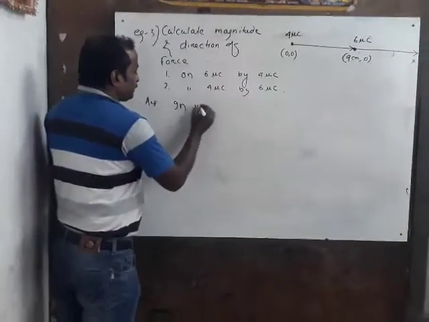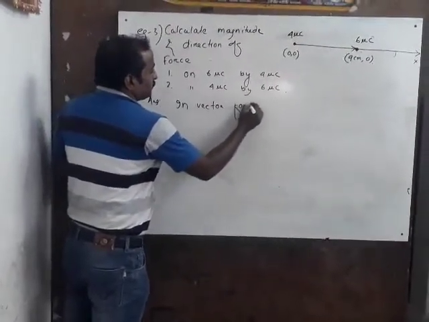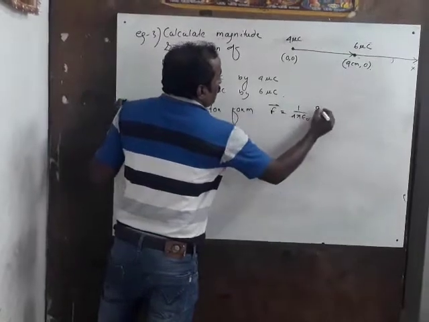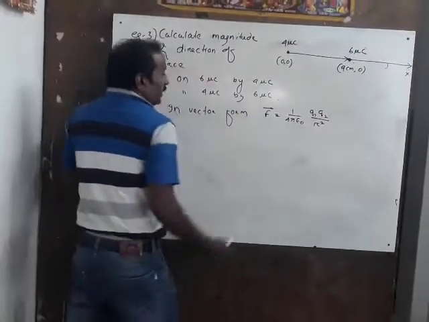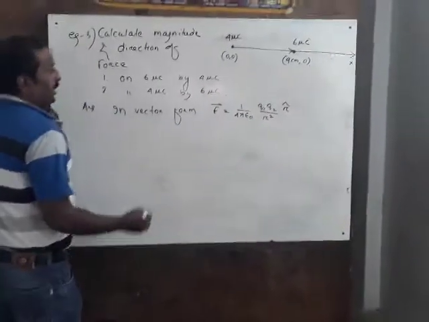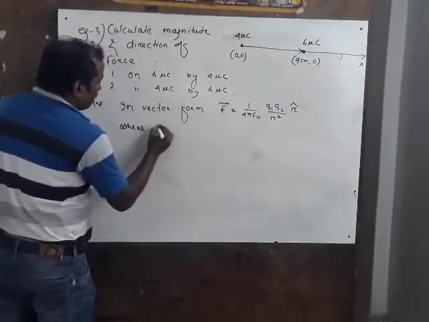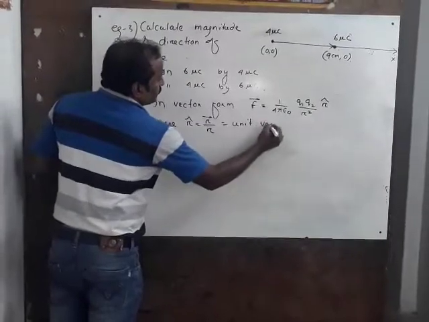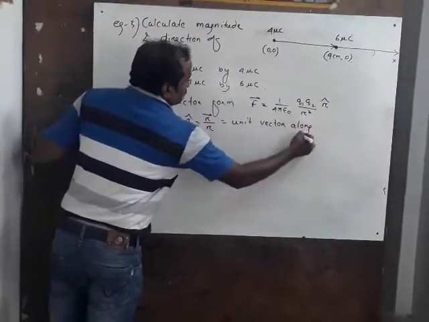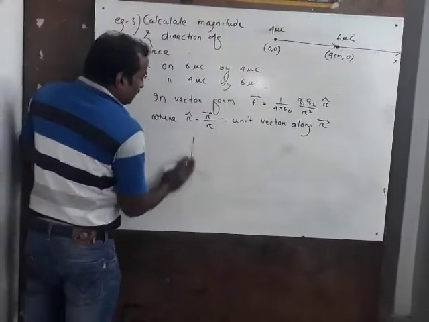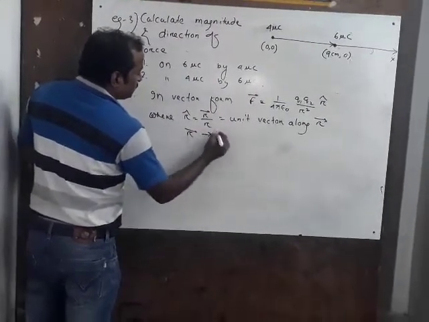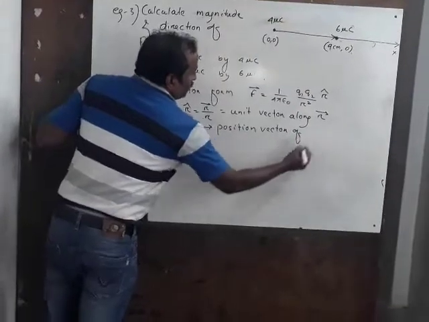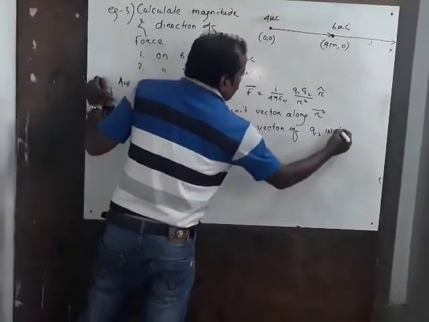In vector form, force F equal to 1 by 4 pi epsilon 0 Q1 Q2 by R square into R cap, where R cap is equal to R vector by R. That's a unit vector along R. And R is the position vector of Q2 with respect to Q1.